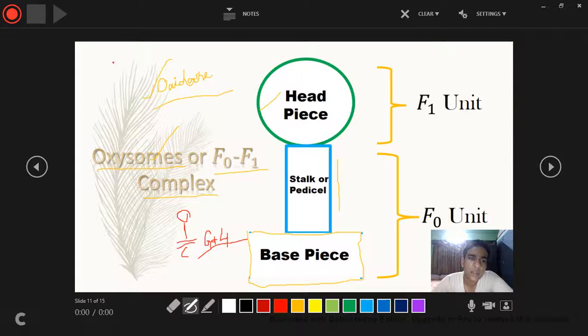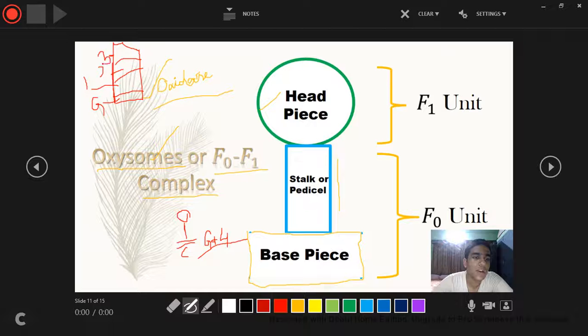Generally, when counting any building, suppose this is a building, this is 1 story, 2 story, 3 story, 4 story. What will we say? We say ground floor, and this we say first floor, this second floor, and this third floor. Right?